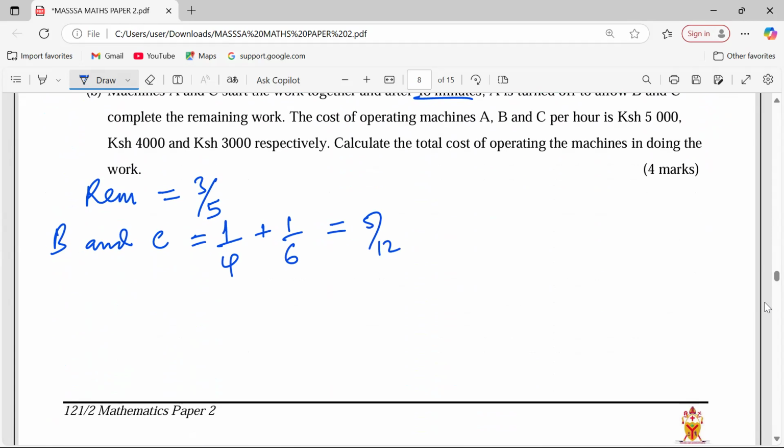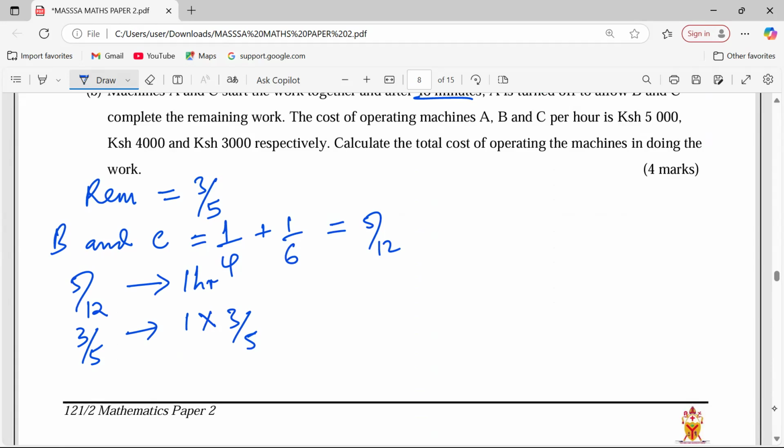They work 5/12 in 1 hour together. So if 5/12 is worked in 1 hour, then what about the remaining fraction, 3/5, when B and C now will complete alone?